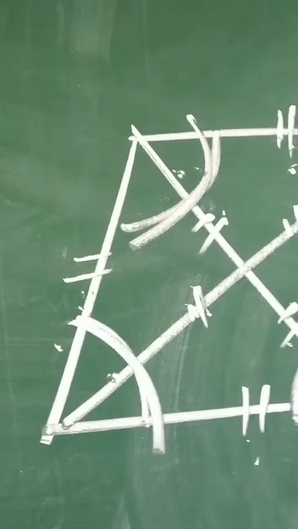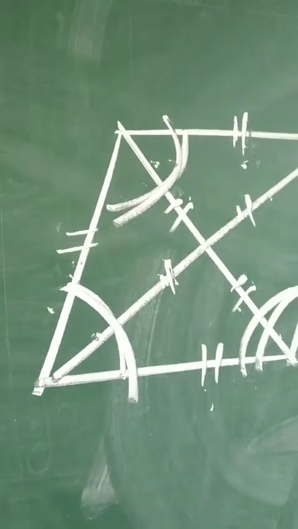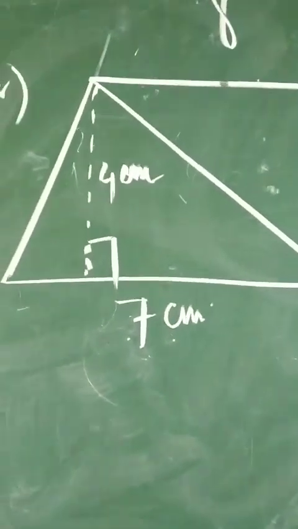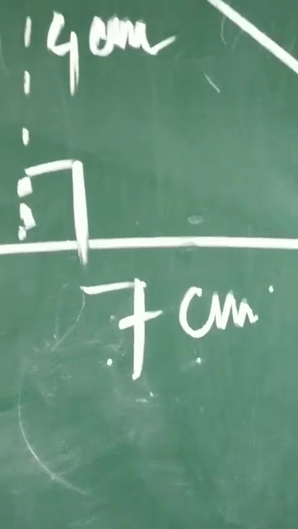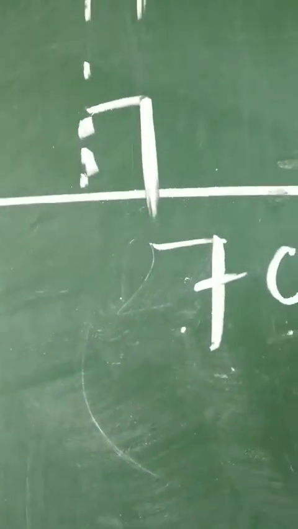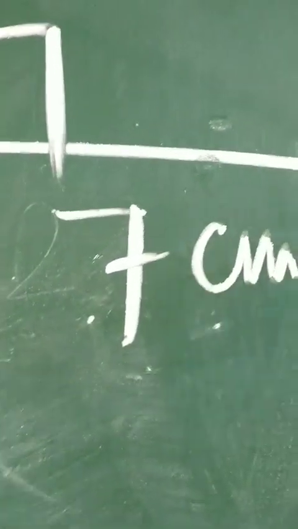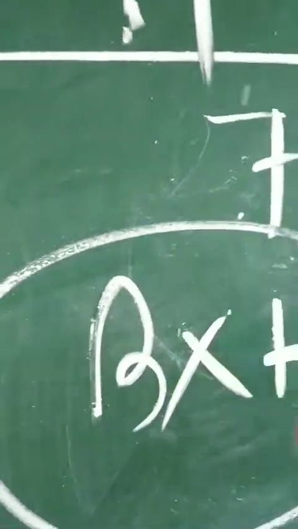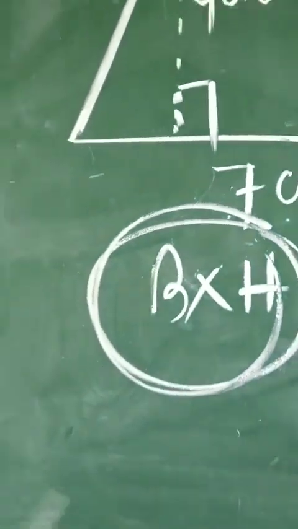Now we have to understand how to find the area of a parallelogram. So this is what I'm going to explain right now. Here, the formula of area of parallelogram is base into height. Children, this formula needs to be kept in mind.